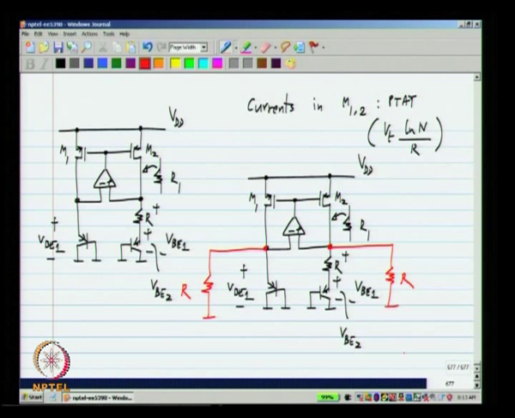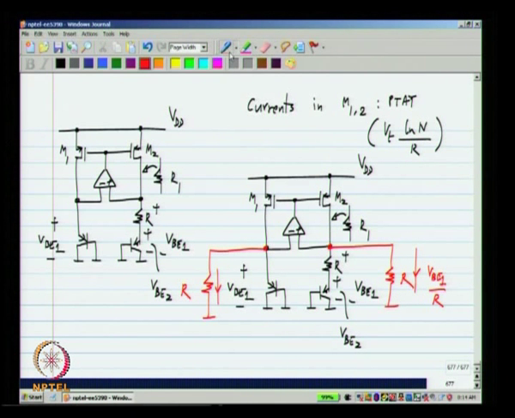If we add the same resistor R to the two sides of the circuit, what happens is the currents in these will be VBE1 by R, both of them. The currents in M1 and M2 will still be equal to each other, but they will consist of the proportional to absolute temperature current flowing in these bipolar transistors plus this current which is proportional to VBE1 flowing in the resistors.